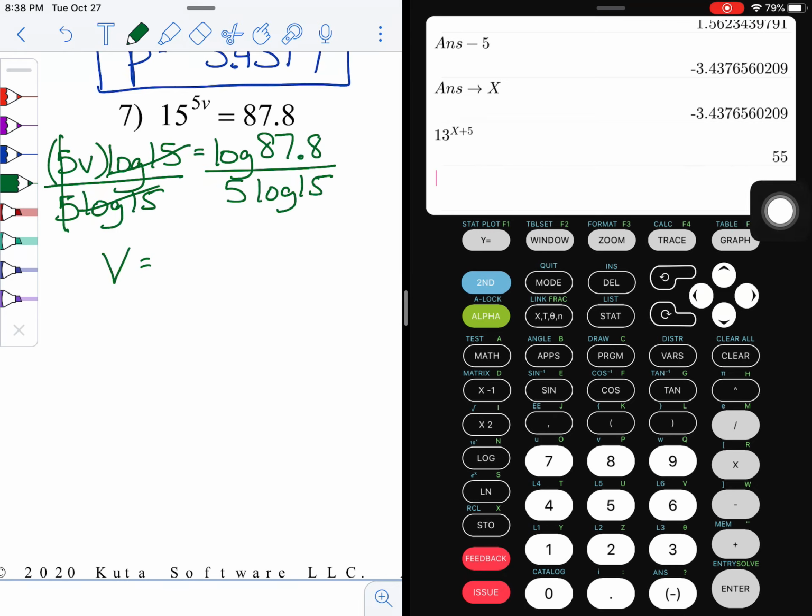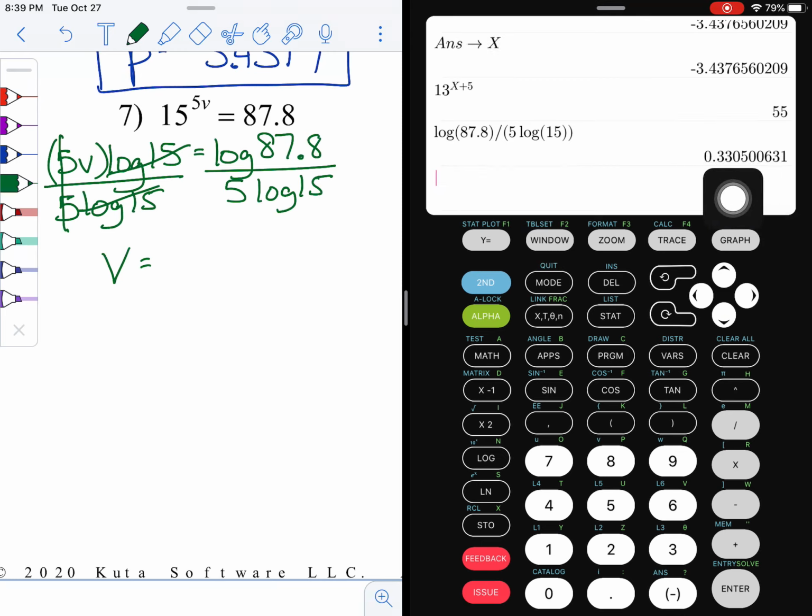And this nifty little fraction is going to go in my calculator. So in the numerator, I have log 87.8. Now, the one thing you want to be careful about is that both of these pieces are supposed to be in the denominator. So when I hit divide, I'm actually going to put a set of parentheses to force my calculator to put both of these together in the denominator. So 5 log 15, and I'm going to close the parentheses I started.